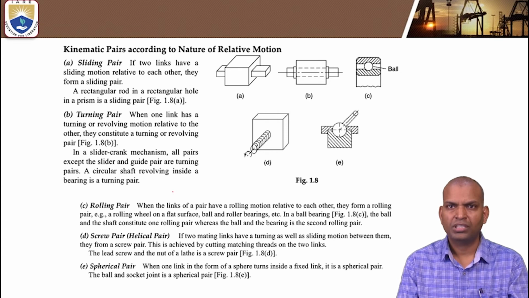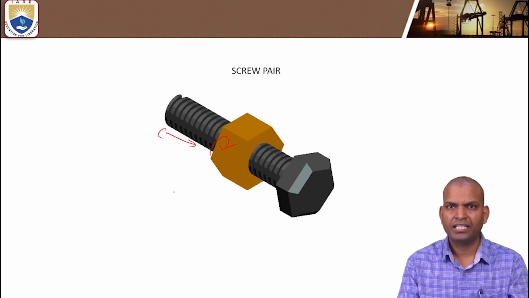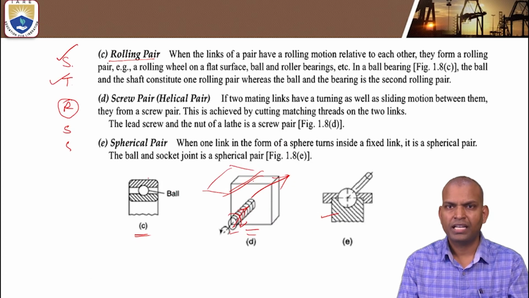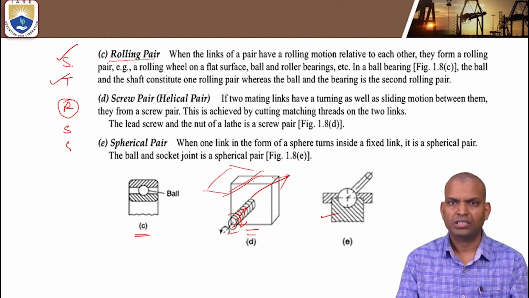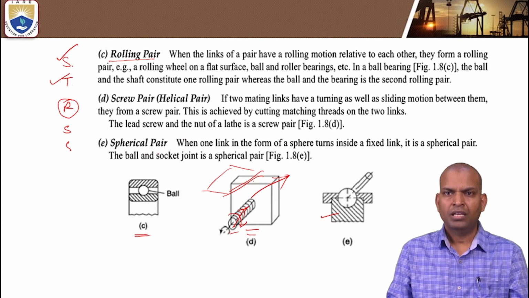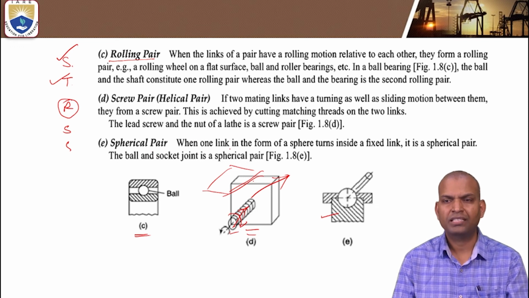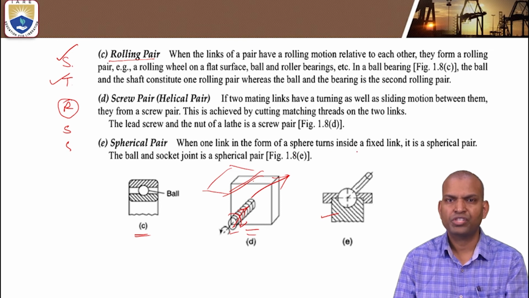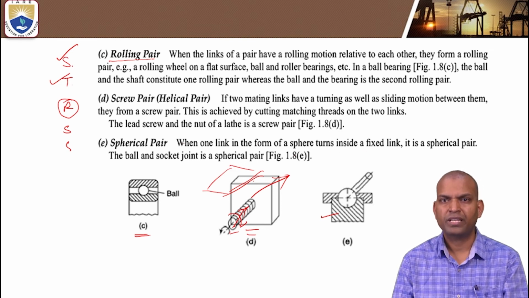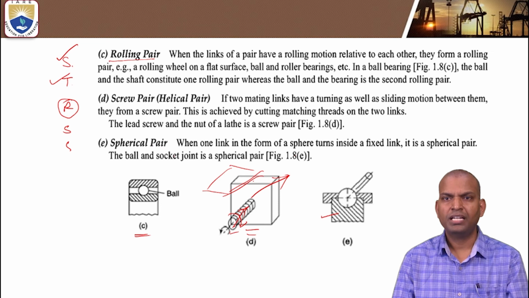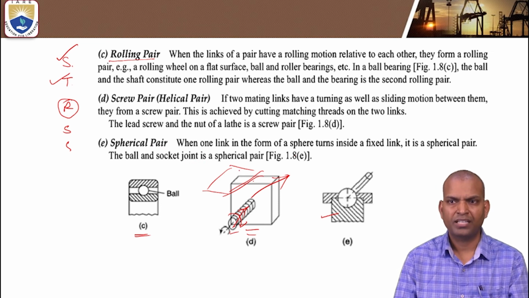Now the next category is, what is the next category? Spherical pair. What is happening in a spherical pair? In a spherical pair, when one link in the form of a sphere turns inside a fixed link, it is a spherical pair. So the ball and socket joint is a spherical pair.